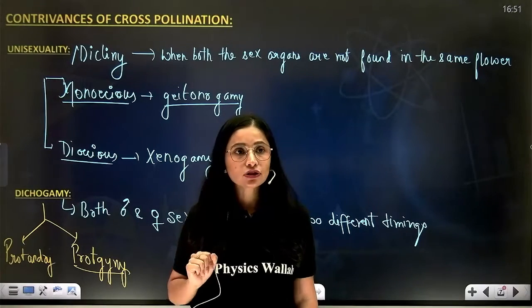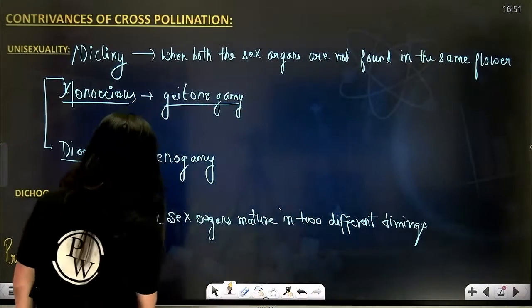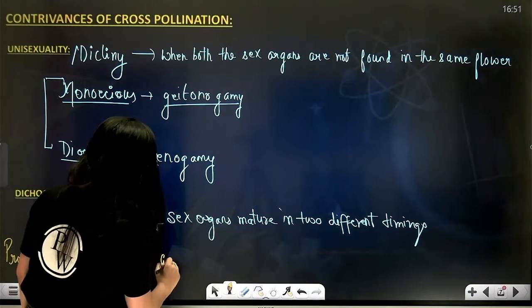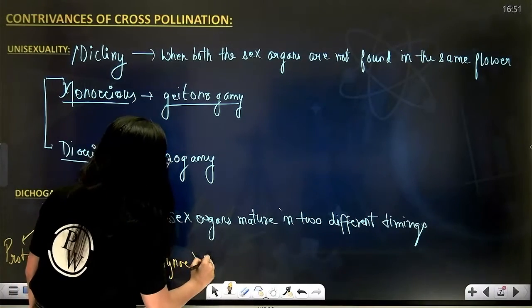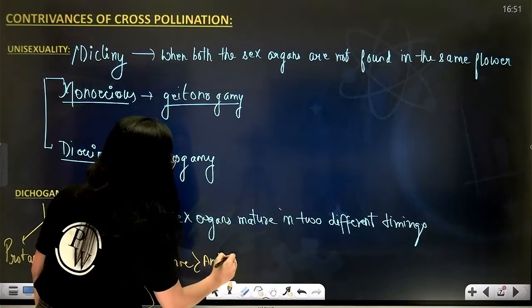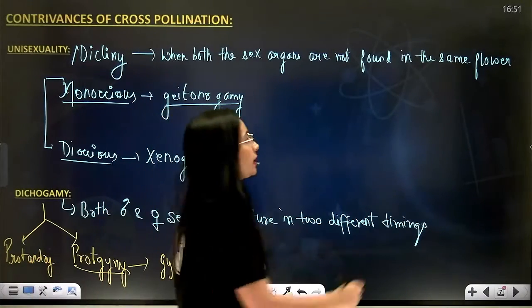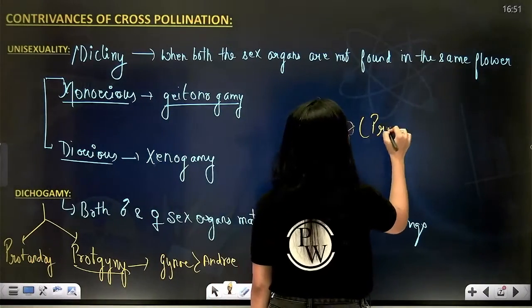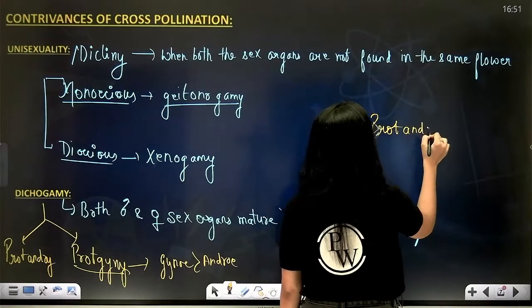Correct? Yes or no? So what is protogyny condition? When the gynoecium, when the stigma matures first, then the androecium. Right? And what is protandry? Just the opposite.